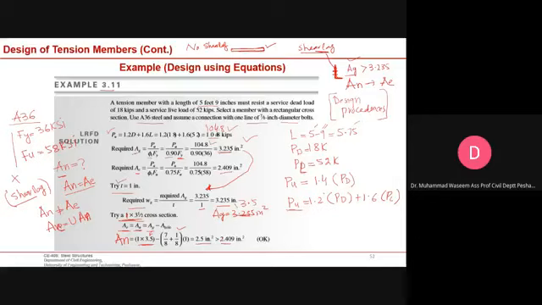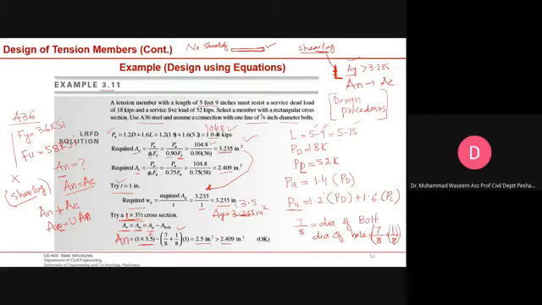We can use this member. Sir, how is this 7/8 plus 1/8? Yes, it is like this: this 7/8 is the diameter of the bolt. We are interested in the diameter of the hole. And the diameter of the hole is the diameter of the bolt plus a clearance of 1/8 inches. The hole is always larger than the bolt, by about 1/8 inches.